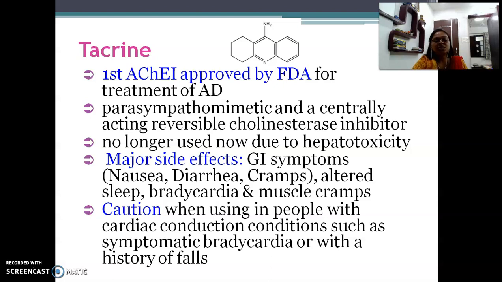Tacrine is the first acetylcholinesterase inhibitor approved by the FDA for the treatment of Alzheimer disease. It is a parasympathomimetic and centrally acting reversible cholinesterase inhibitor. But nowadays it is not used due to its hepatotoxicity.